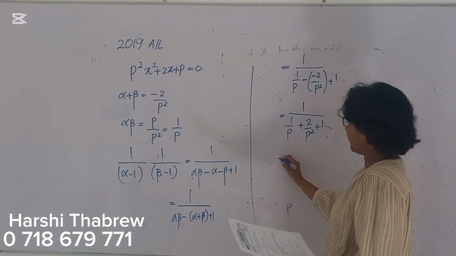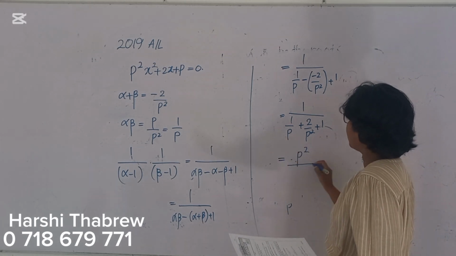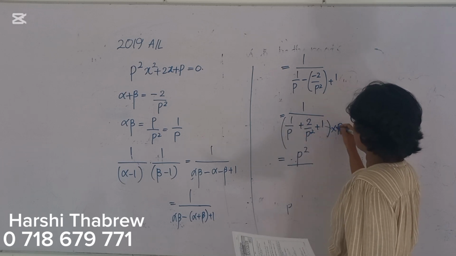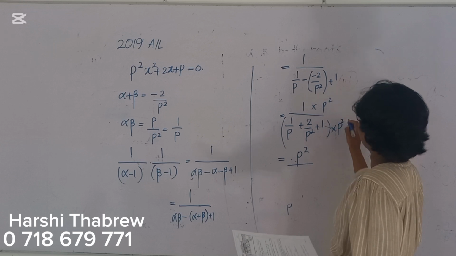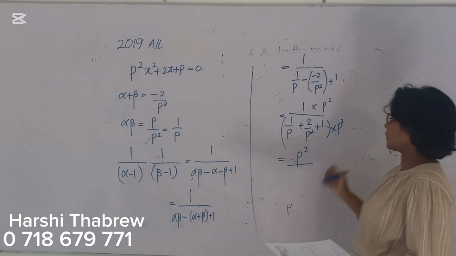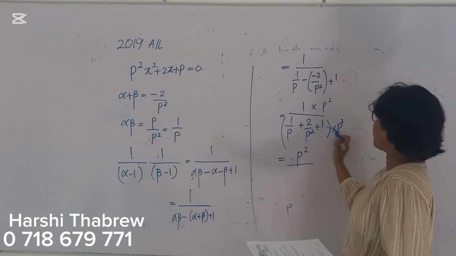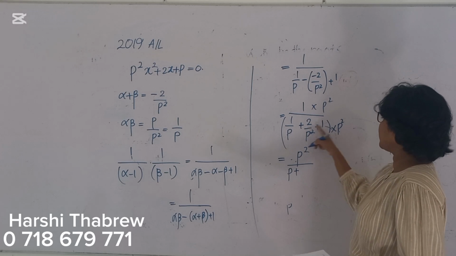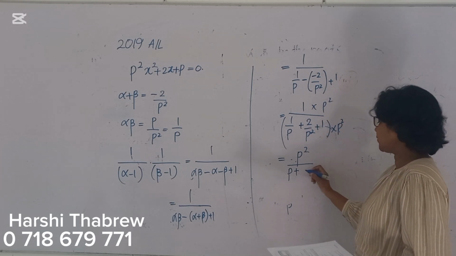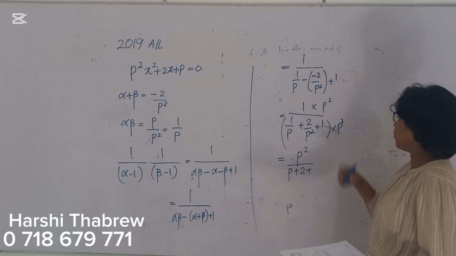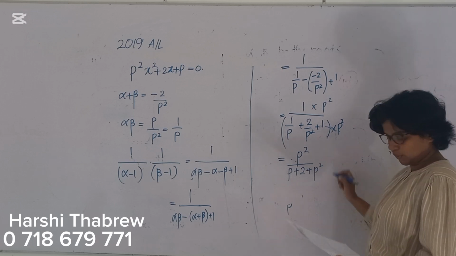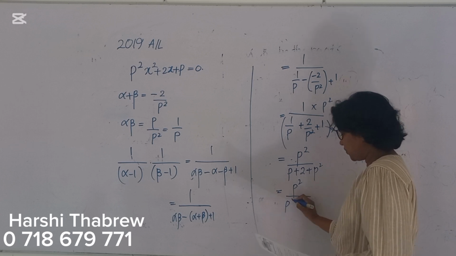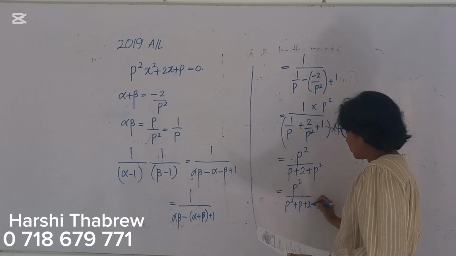Now p squared over, and when you multiply these two you will have p here, plus 2, and 1 times p squared is p squared. So we have the answer p squared over p squared plus p plus 2.